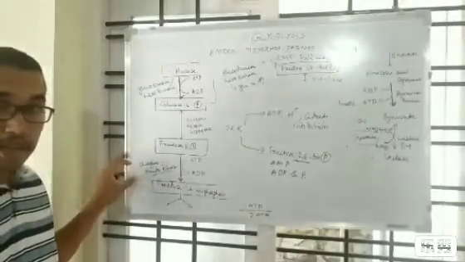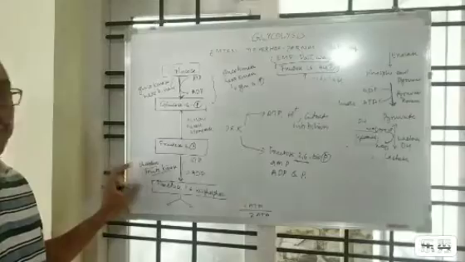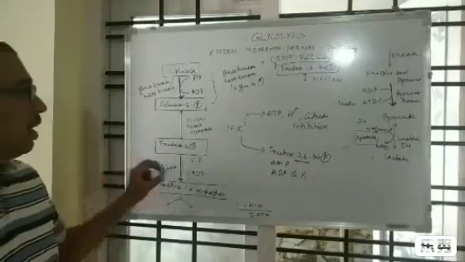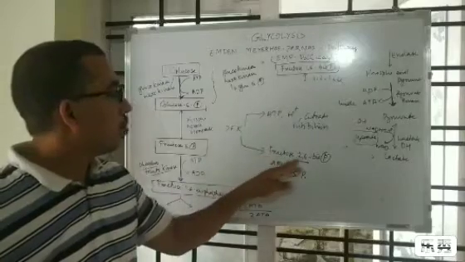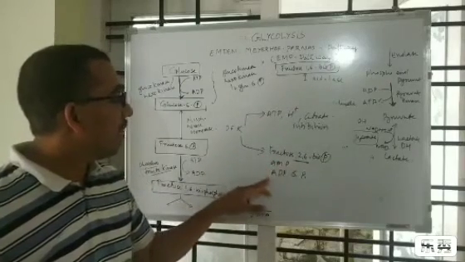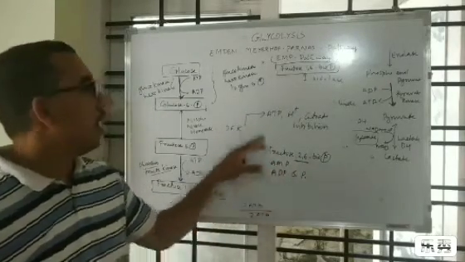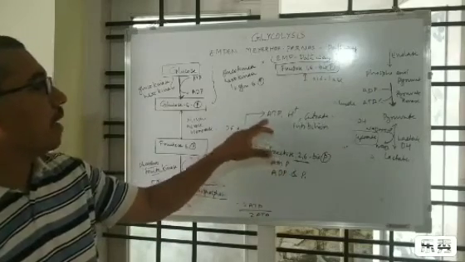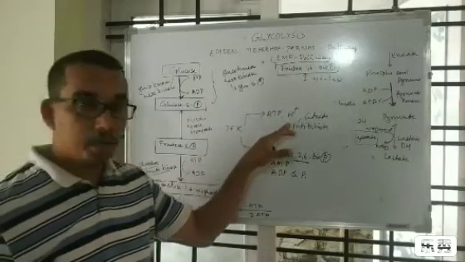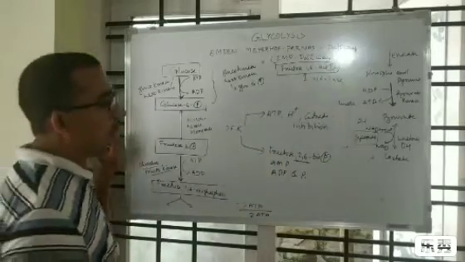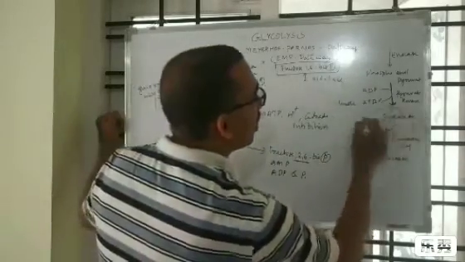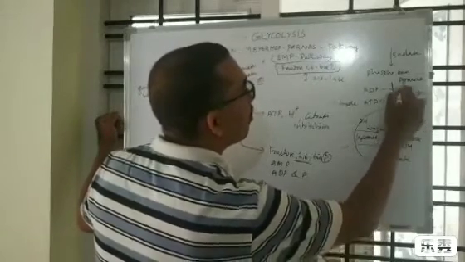So it is allosterically activated by fructose 2,6-bisphosphate, AMP, ADP and inorganic phosphate, and allosterically inhibited by ATP, low pH and citrate ions.